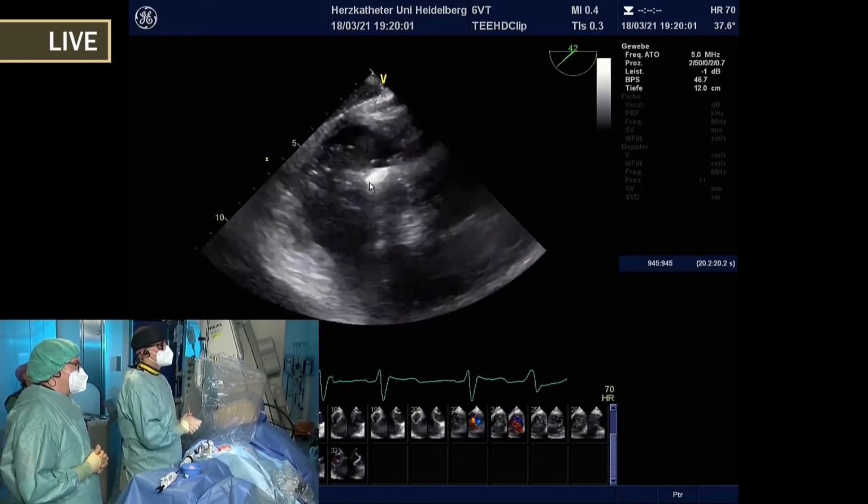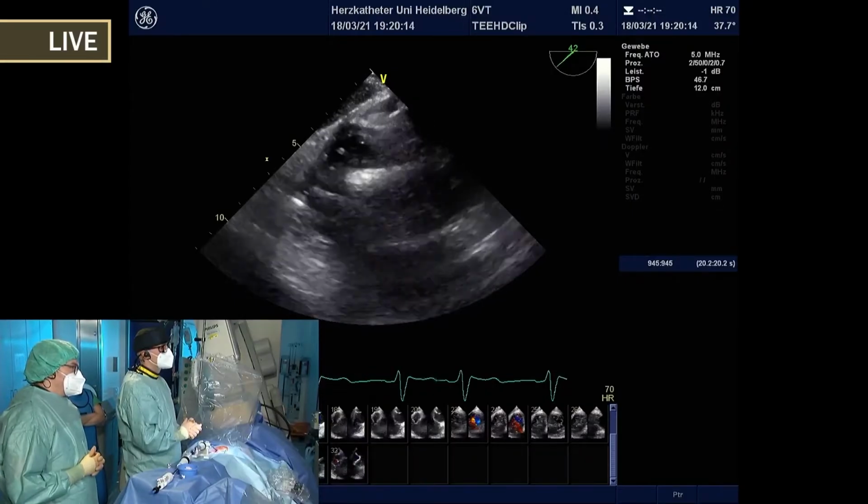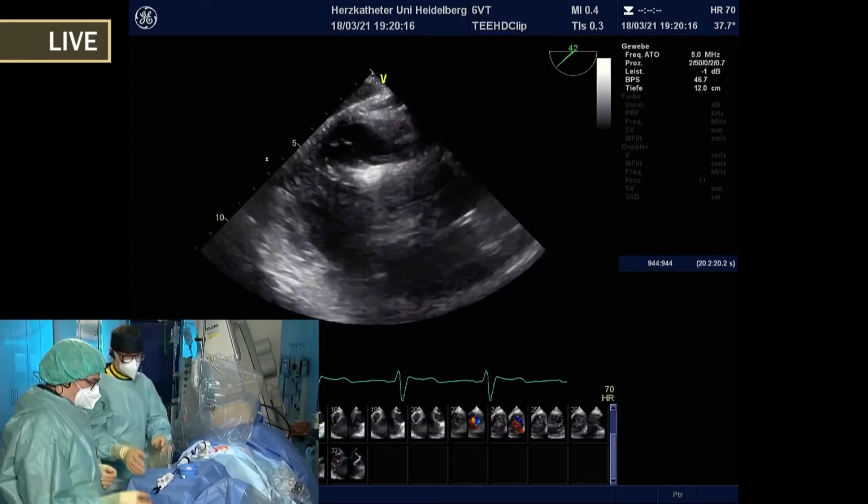Yeah. So our echocardiographer suggests that we turn the device a little bit counterclockwise. I think that's a good idea. We can do that. And to get more like a 1 to 7 position to 2 to 8 position. And so we'll try that.